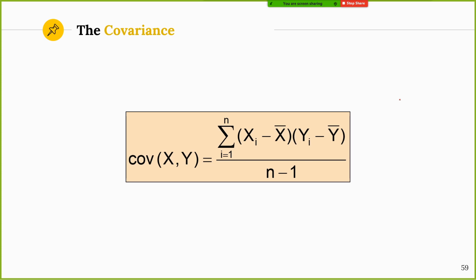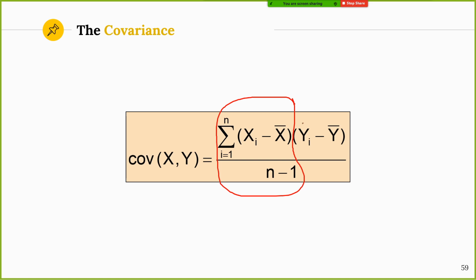Next is this one. This one is the covariance. As you can see, do you remember this one? This one is quite similar to standard deviation, right?